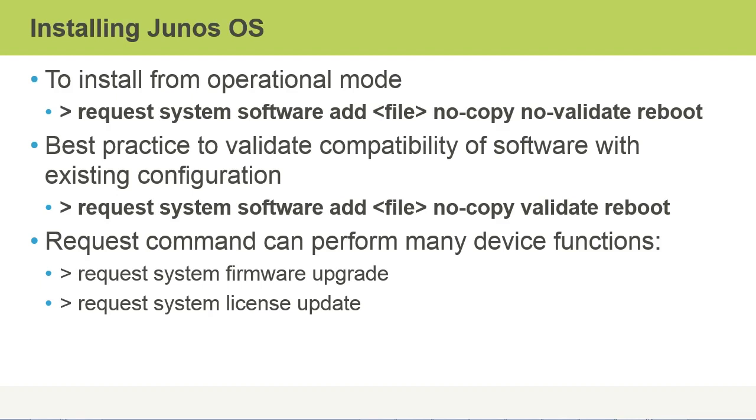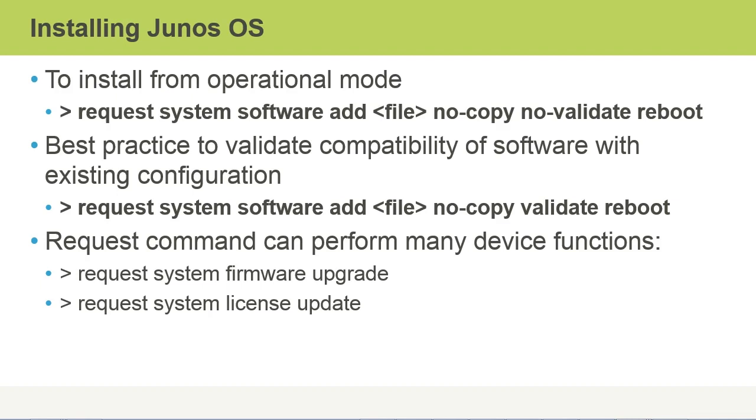The request system command also has a number of other options related to installing and maintaining that Juniper device. Two commands that are very useful are for performing firmware upgrades on the device itself. We have a request system firmware upgrade command, which will download any firmware upgrades.